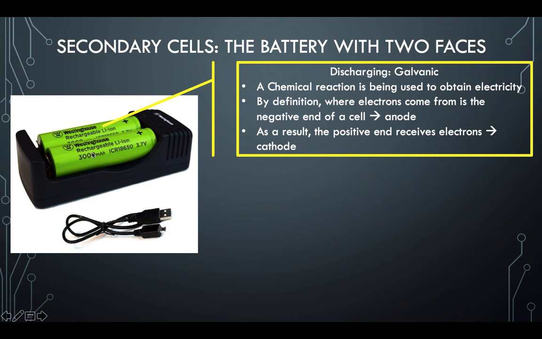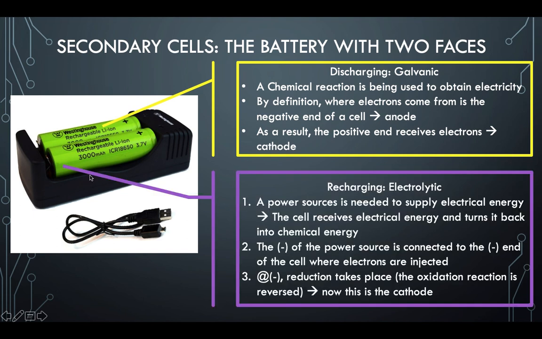So electrons come from the oxidation half, and by definition, that is the negative end of the battery. And also that's the anode as well. And the positive end will then receive electrons from the external circuit and become the cathode. And once the battery runs out, we need to connect it to a power source, and then this battery is turned into an electrolytic cell.